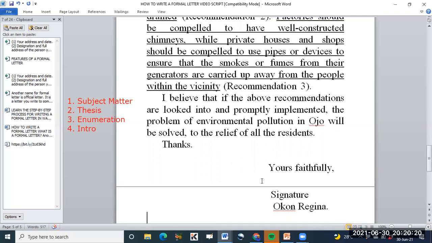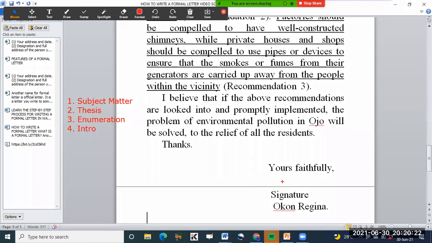So here, all you need to do is to come here and then sign your signature, whatever may be your signature, you sign it here, and then after your signature comes your full name, Okon Regina, all right? Then you make sure you end it with a full stop.